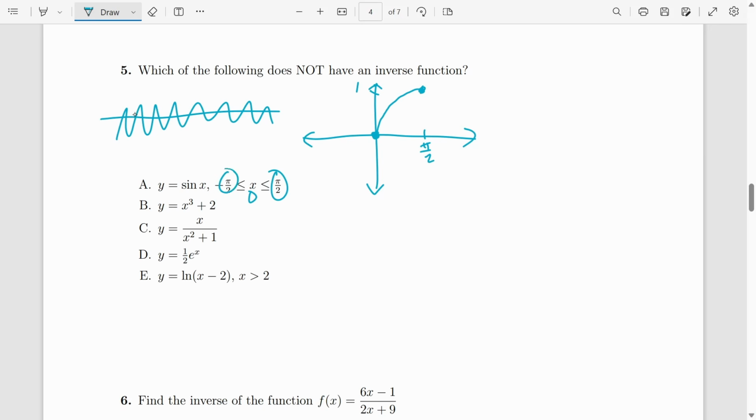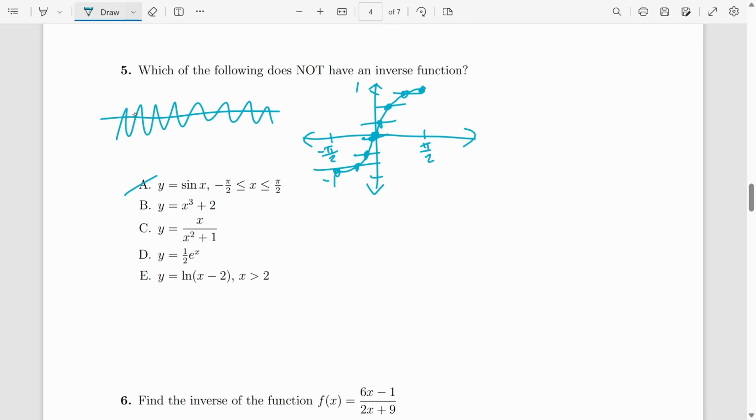And on the other side, at negative pi over 2, it's going to equal negative 1. Now you'll see this does pass the horizontal line test. No matter what horizontal line we draw, it's only going to intersect at one point each time. So since this passes the horizontal line test, it does have an inverse. So A is wrong. We're looking for one that doesn't.